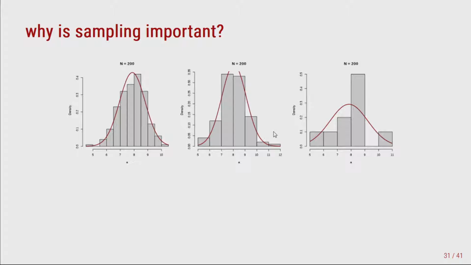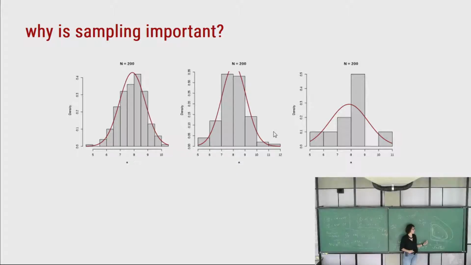And this is just an example of why sampling is important. So here I'm randomly generating data from a normal distribution from, I don't know, a little bit less than 5 to a little bit more than 10. And it has a particular SD and mean.